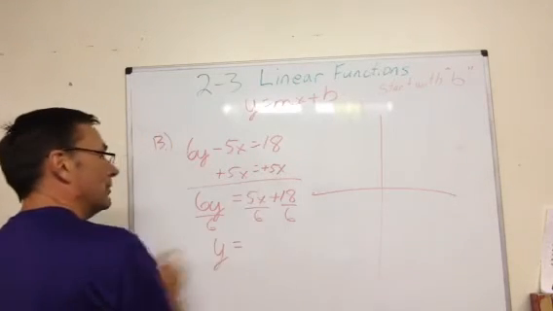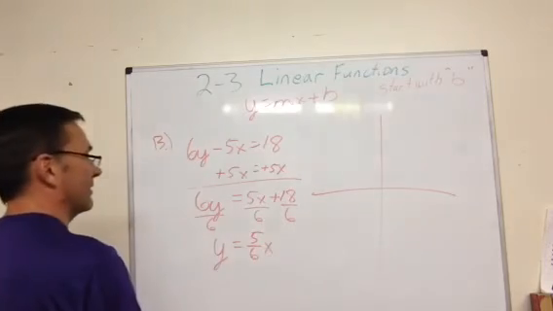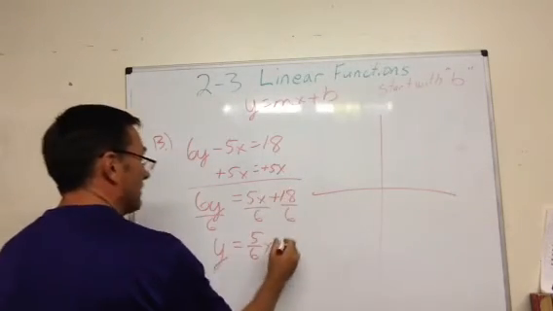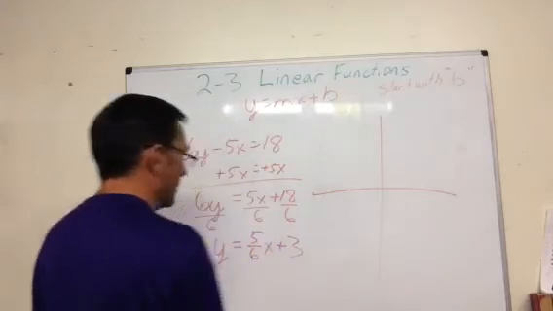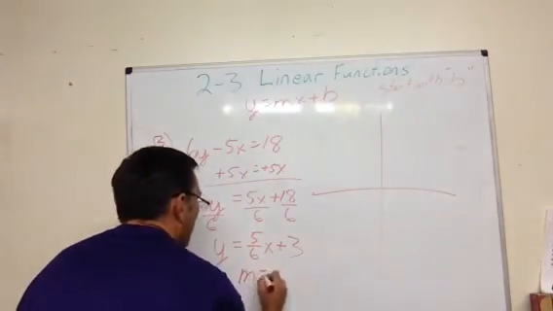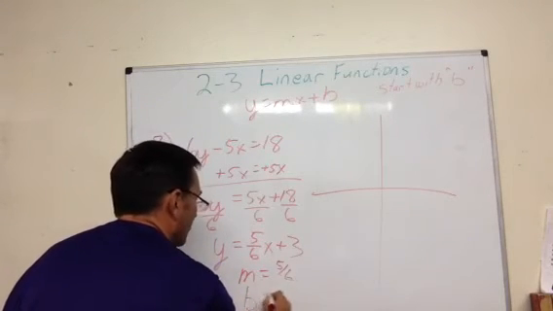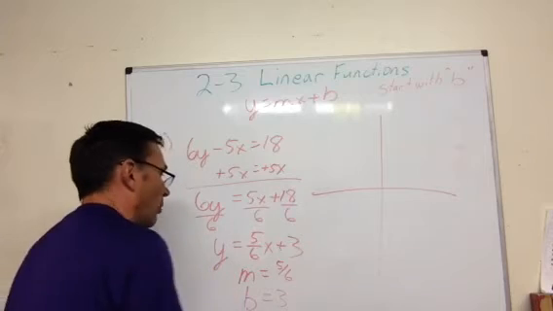Y equals, I cannot reduce 5 over 6, so leave it as 5/6 x. But 18 divided by 6 is 3. So my slope, again, is a positive slope of 5 over 6. My y-intercept is 3, or my starting point.